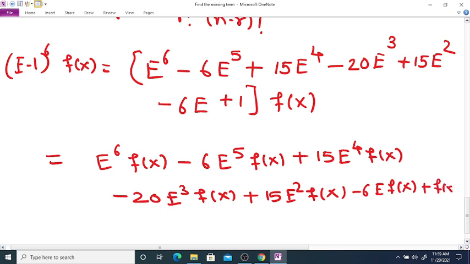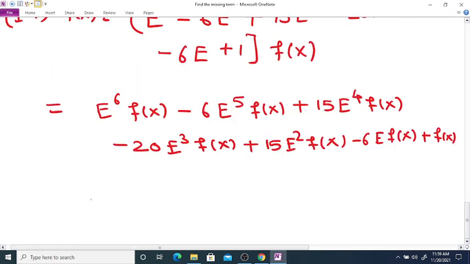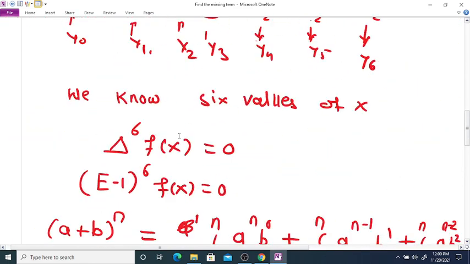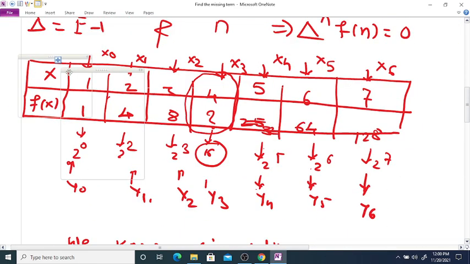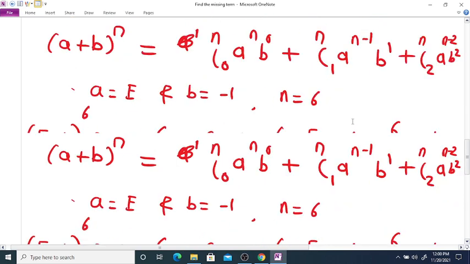plus f(x). Now here we know that e^n f(x) is equal to f(x + nh). But what is h? h is the difference between x values. So here 2 − 1 is 1, 3 − 2 is 1, 4 − 3 is 1. So h is equal to 1.